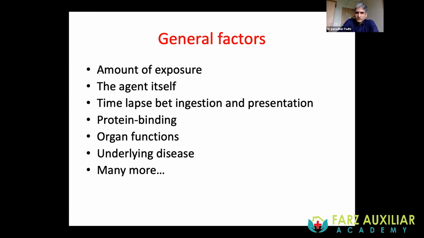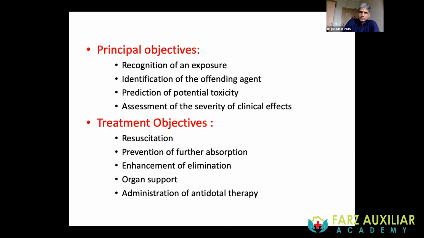If there is less protein or less albumin in a patient's body, more drug is free and can produce toxicity. That is why hypoalbuminemia in such cases is more dangerous. Organ functions. Different kinds of agents produce toxicity on different organs. For example, drugs which affect the kidney can produce renal failure. On the liver, they can produce hepatotoxicity, underlying disease, and many more.